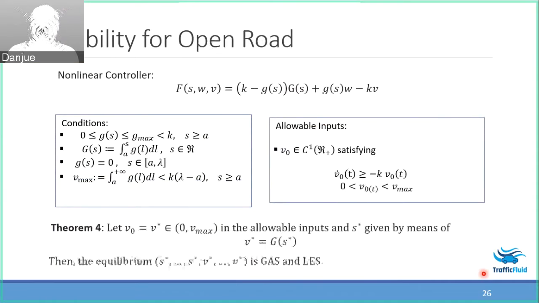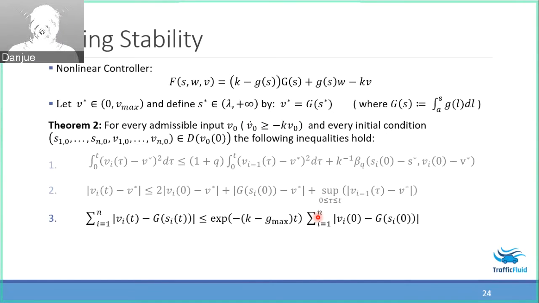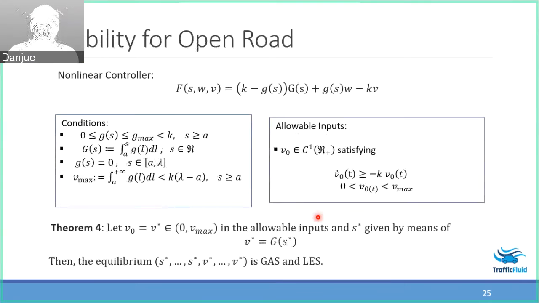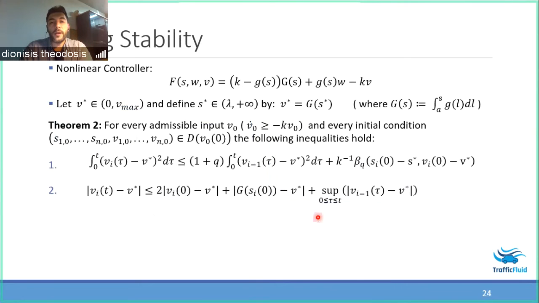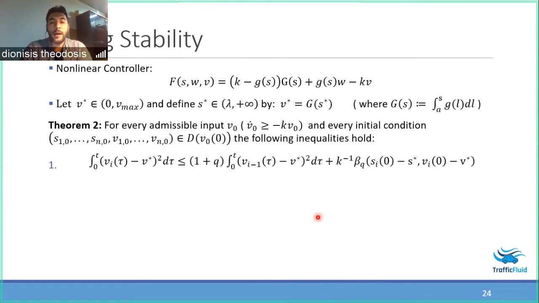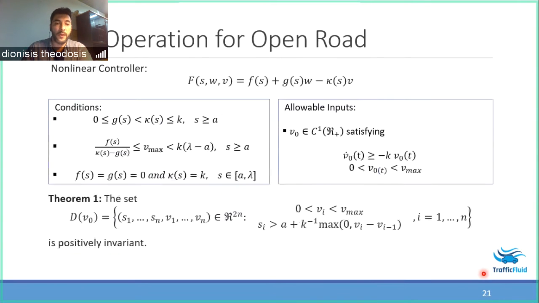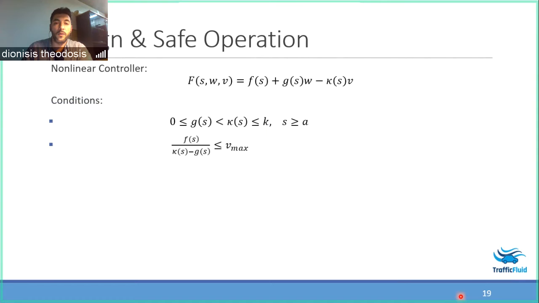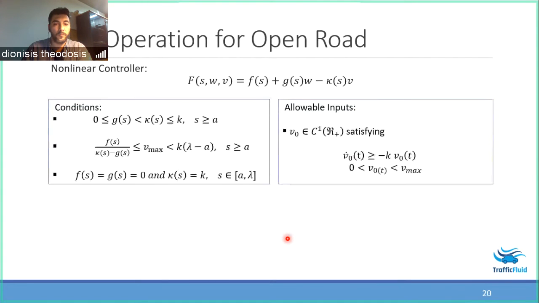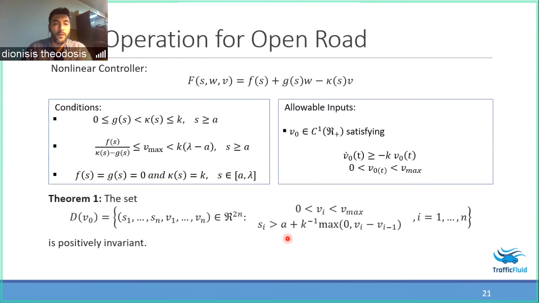Well, one way for this controller to fail is that you start outside the set, let me go back to some slides here. In order to have this safety, we need to start our platoon initialized within this set, to have sufficient distance.